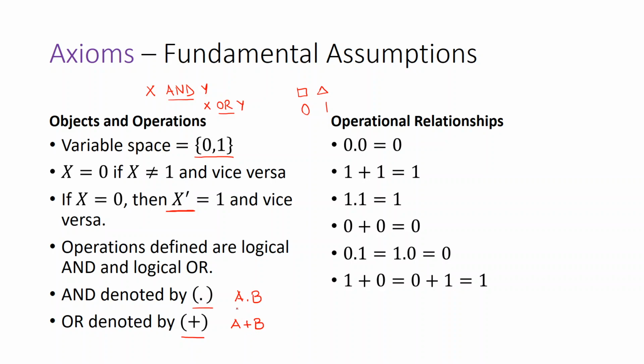This is called A and B, and this is called A or B. It is our practice to call this dot, and to call these AB or A plus B. But even if you, or I, sometimes by mistake call this AB or A plus B, you should automatically translate it in your mind as A and B and A or B.